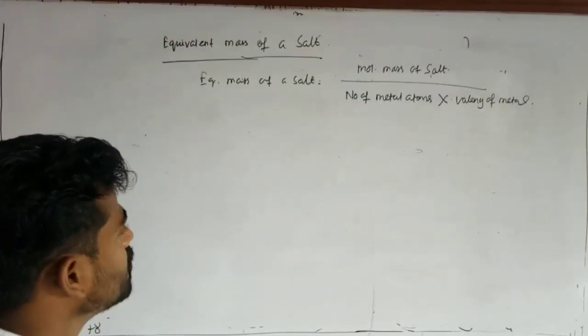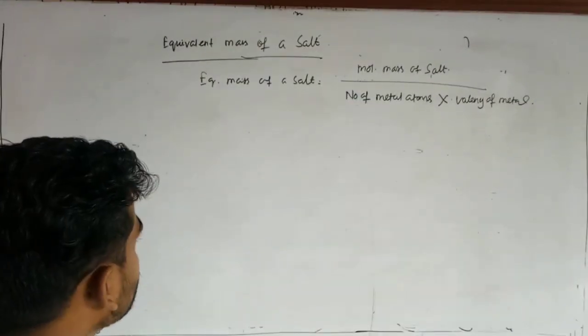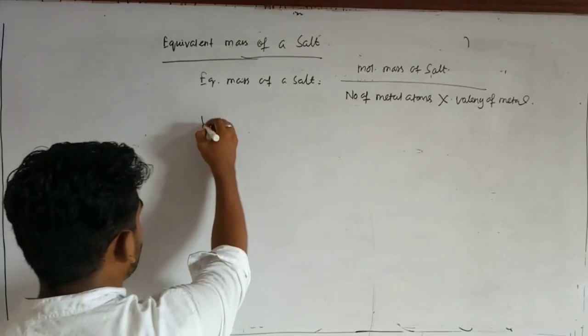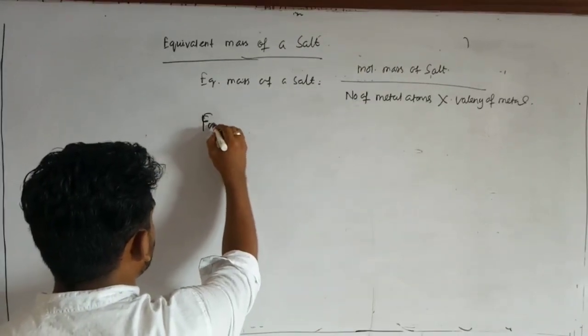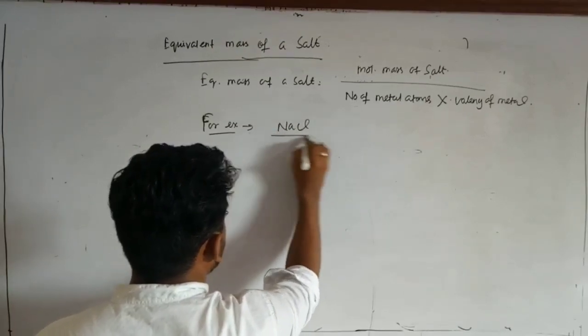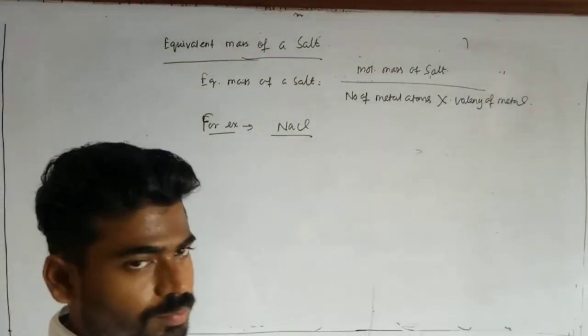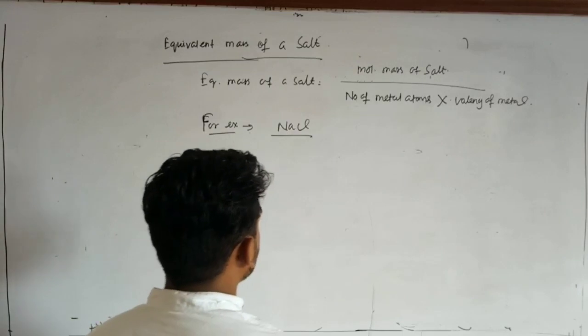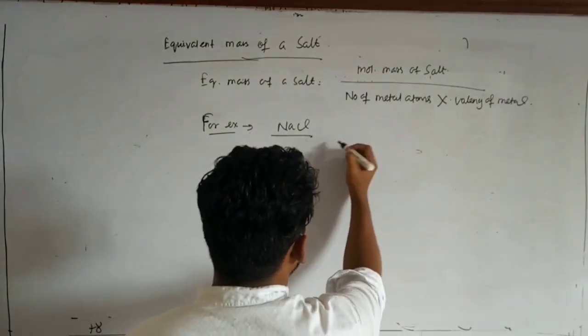Okay, so here how can you calculate? Suppose I am considering a salt. For example, sodium chloride NaCl. Here metal is sodium. So first calculate its molecular weight.